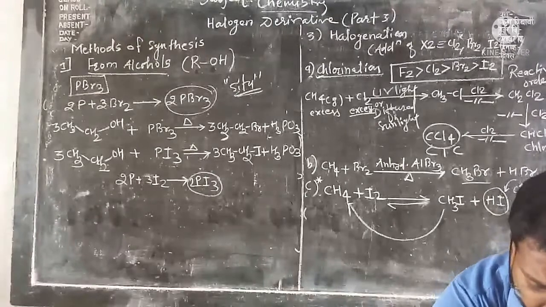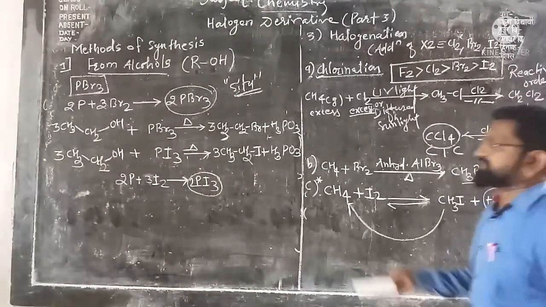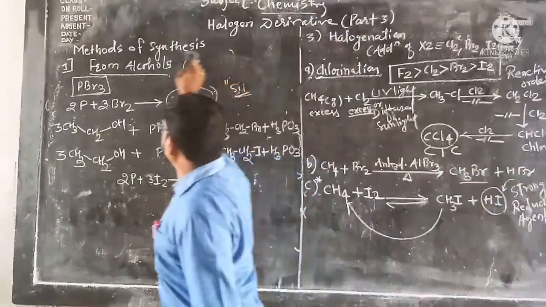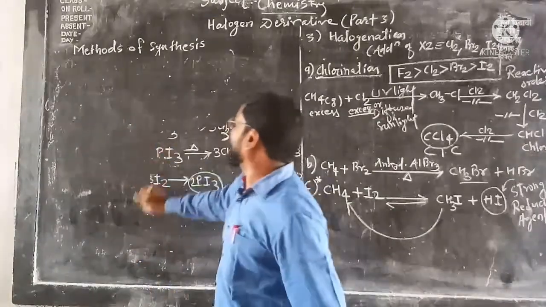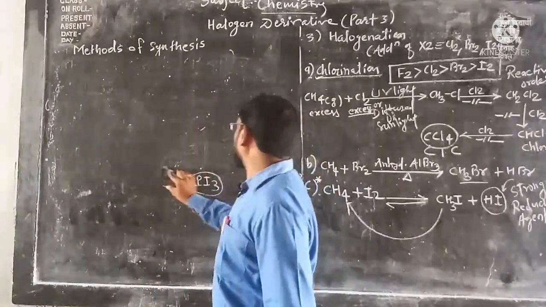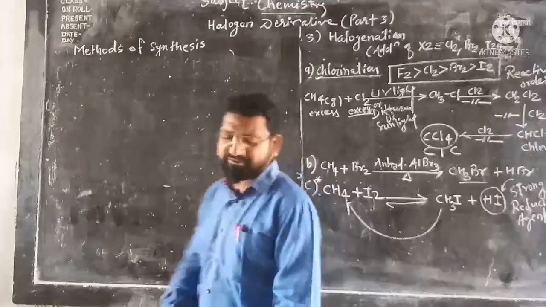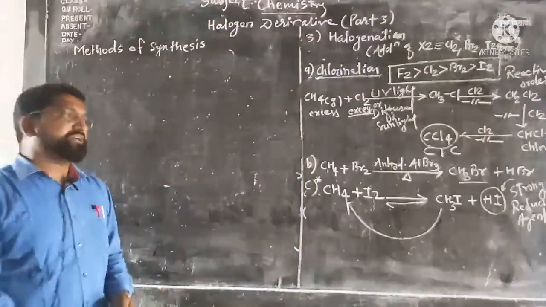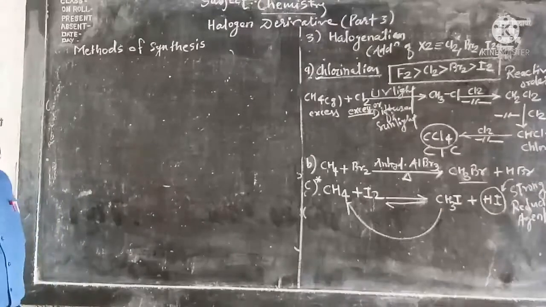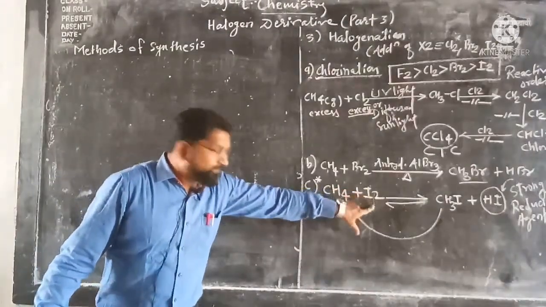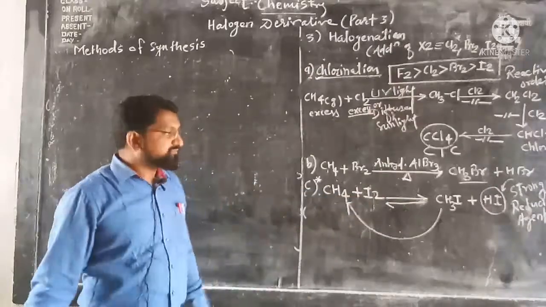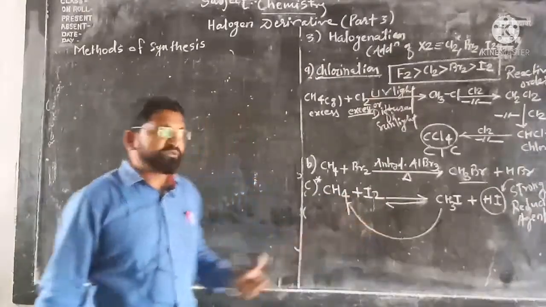Then what are the possible ways to prepare that type of alkyl iodide? We have some treatments. If we want to complete this reaction permanently, then in this manner the reaction will not be completed.